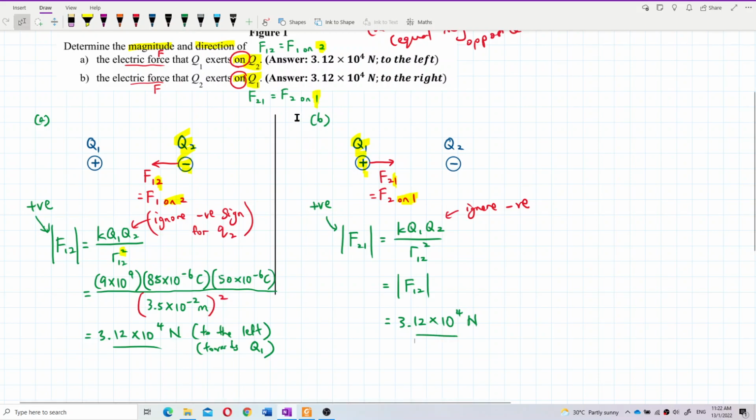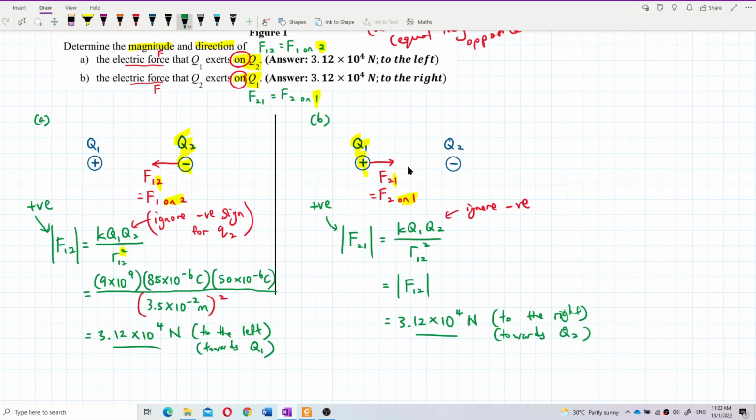For B, on Q1, its direction is to the right. I can also say it is towards Q2. So is it correct?